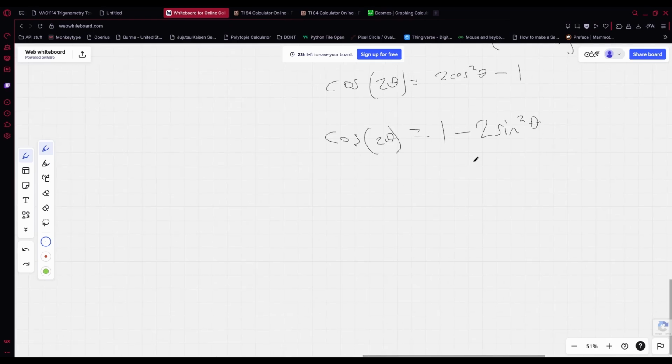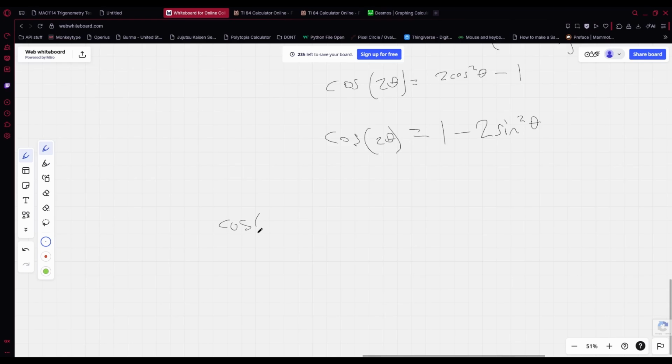Cosine minus 1. Just subtract 1 from both sides, and then divide by negative 2. That would end up just flipping it around, because everything would be negative, so you flip the negatives.